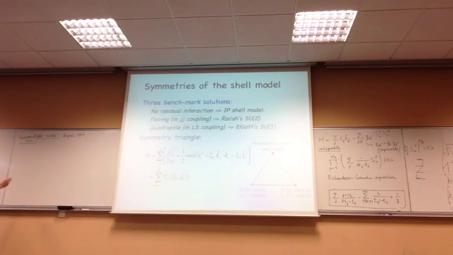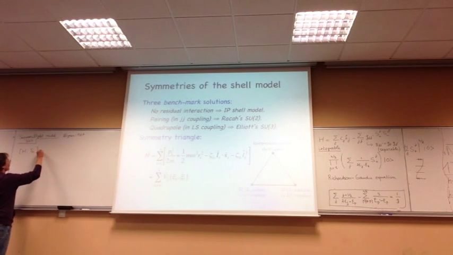What Wigner assumed was a Hamiltonian. We get back to symmetries now. Suppose you have a Hamiltonian and it commutes with spin operators, where S is the spin. We're back to spin and isospin.